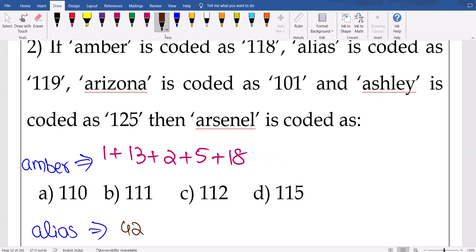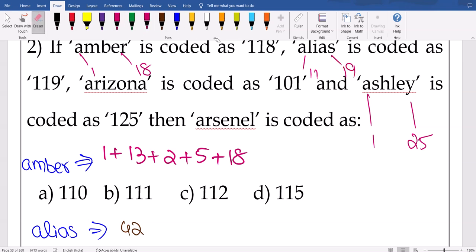Directly they have given the first letter 1, last letter. Then for everything, first and last. So here A value 1, Y value 25. Here A value 1, R value 18. Here A value 1, S value 19. If the last one is a single digit, they write it as 0, 1. Perfect.